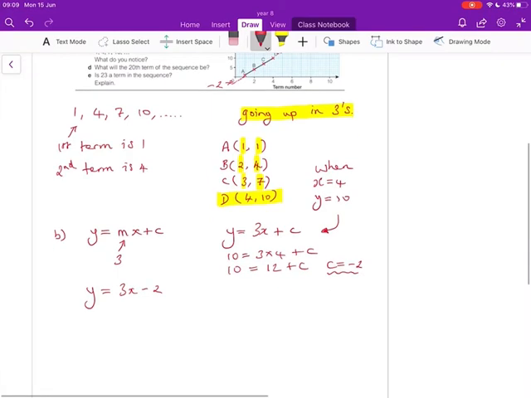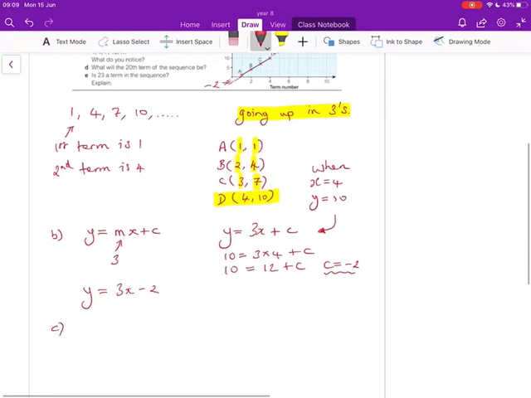Right, work out the nth term of the sequence, and it says, what do you notice? So we've got our sequence of numbers 1, 4, 7, 10, etc. We know they're going up in threes. Another sequence of numbers that goes up in threes is our 3 times table.